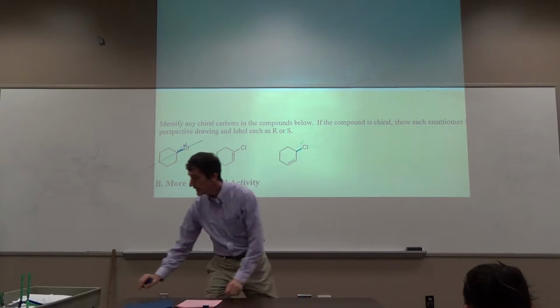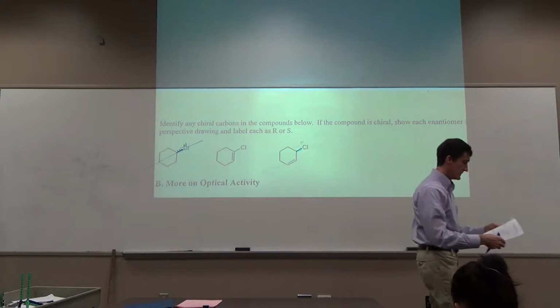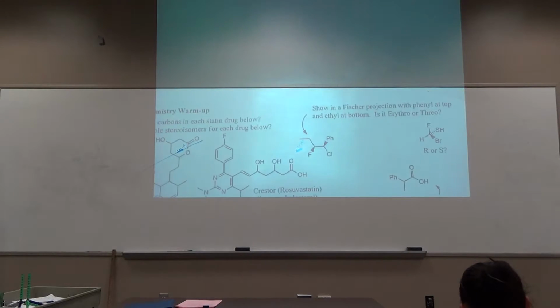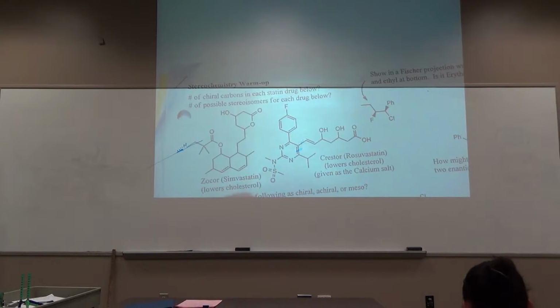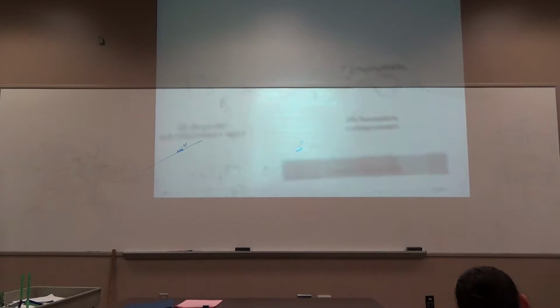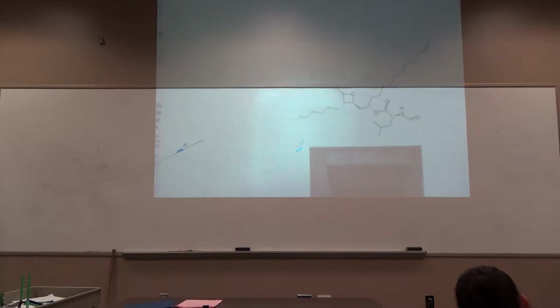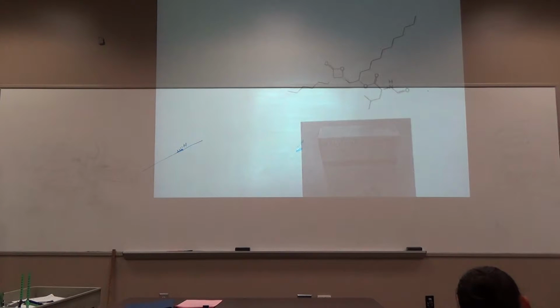We can do more. There's miscellaneous ones in the handout. On the front it says, how many chiral carbons in these drugs. You need to find them, etc. We haven't done that one yet.